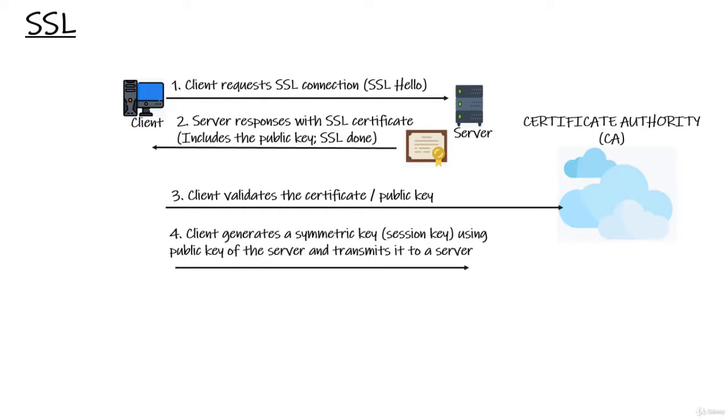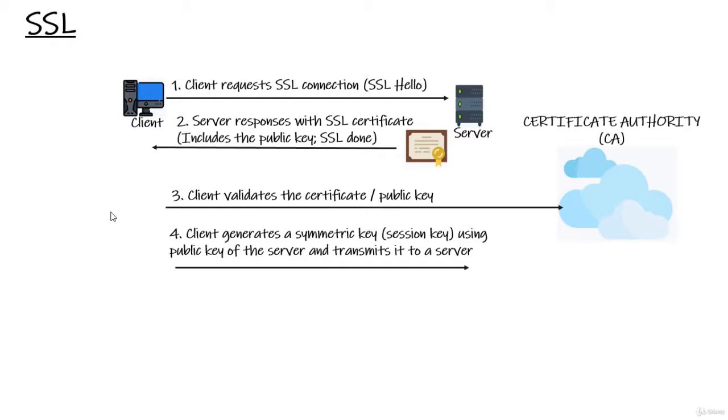The client generates a symmetric key, the session key, using the information that we have received before, which is the public key of the server, and transmits it to the server. The reason it uses the session key is basically to save resources, because symmetric keys are way lighter. They don't use as much CPU as an asymmetric key. That's why we use the asymmetric key in the first place to set up SSL.